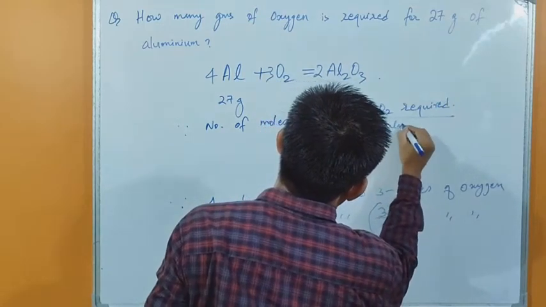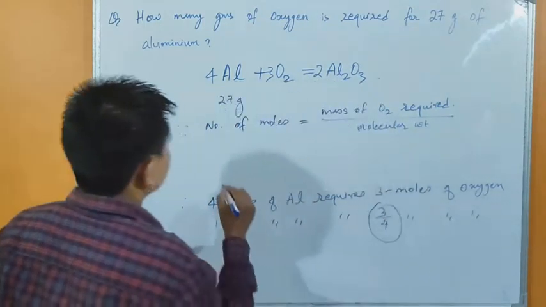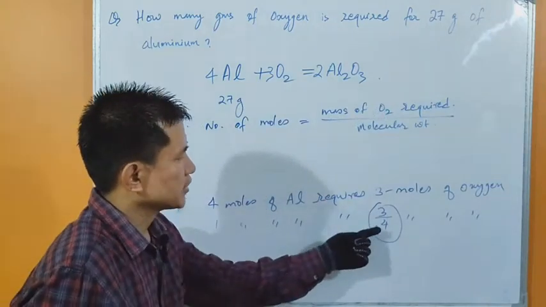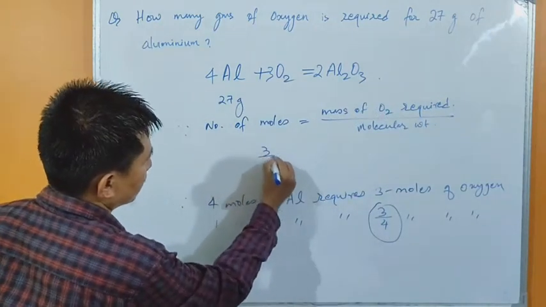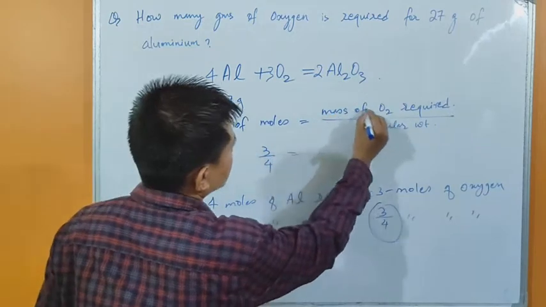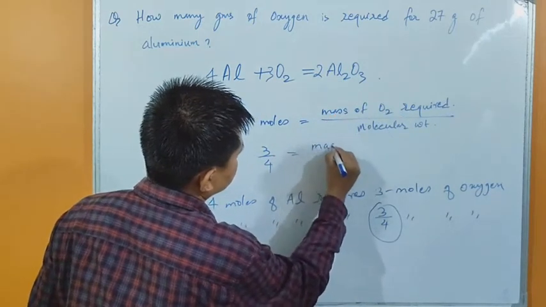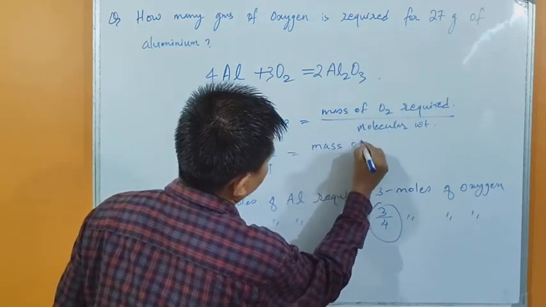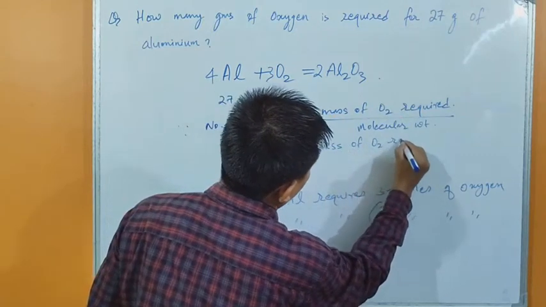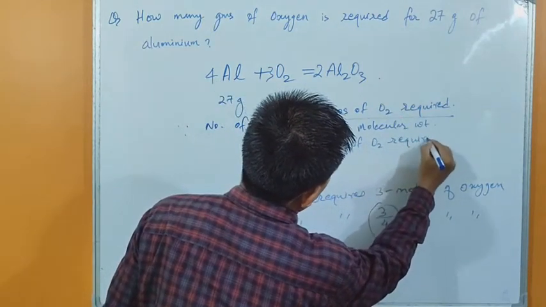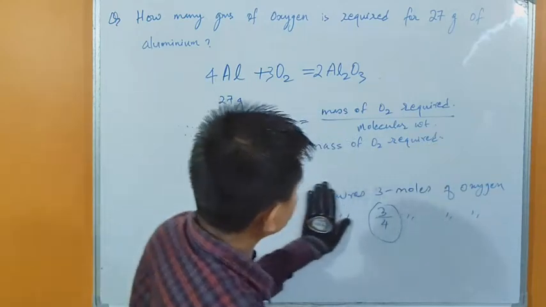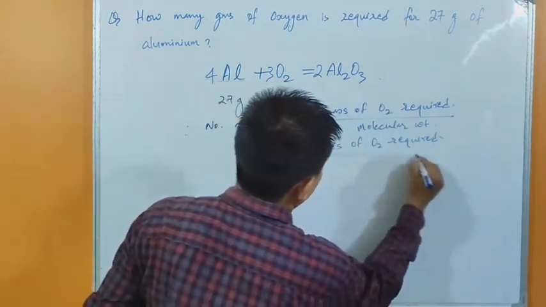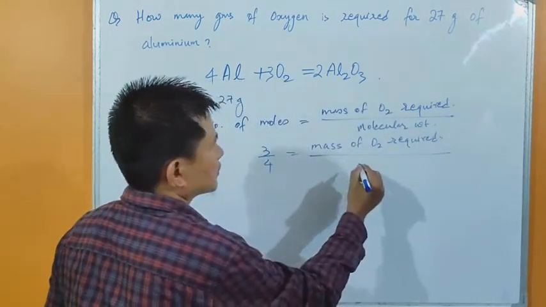Number of moles required is how much? 3 upon 4. So mass of O2 required, we copy as it is, divided by molecular weight of oxygen, O2.